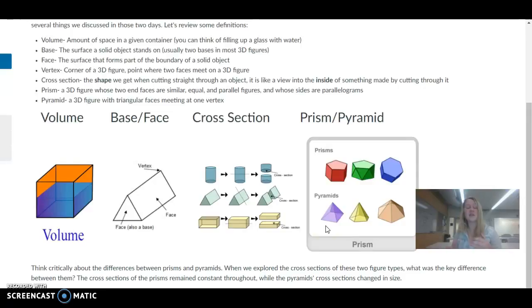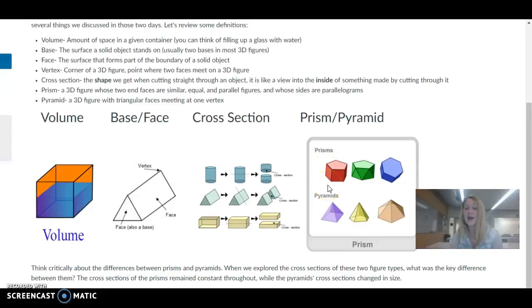What you should be getting is that our cross section is a lot smaller than our base. So that's telling you that as our pyramids move up to the top, our cross sections are gradually getting smaller and smaller.